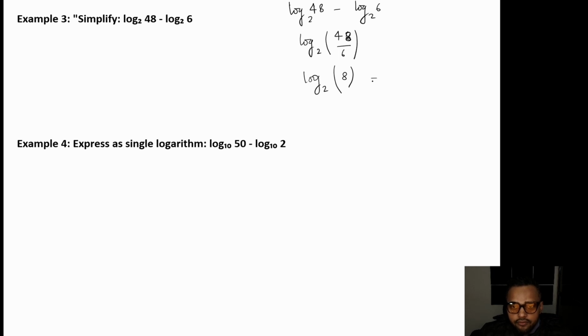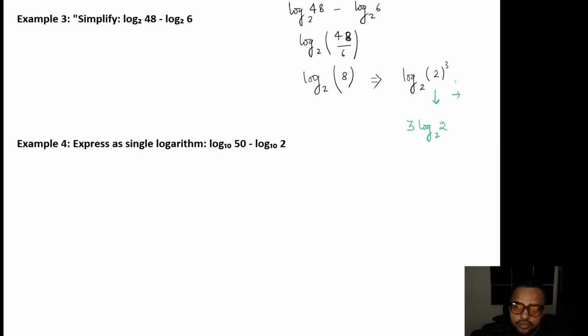Further, we can write 8 as 2 raised to the power 3. Now I'll be solving one extra step for you here. The value will be 3 log of 2 base 2. Don't get confused here.